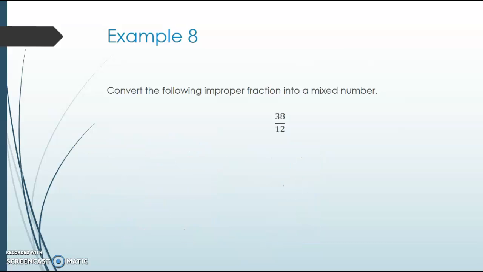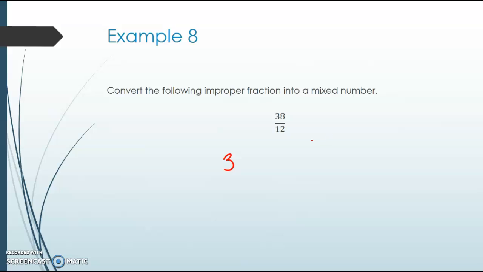All right, in our next example, we're converting from an improper fraction to a mixed number. We do this by asking ourselves, how many times does my denominator divide equally into our numerator? So 12 divides into, the closest one would be 36. So 12 times 3 is 36.